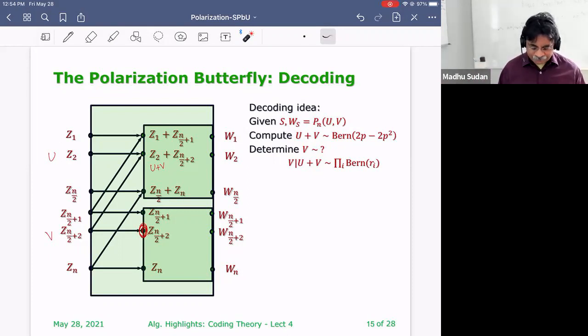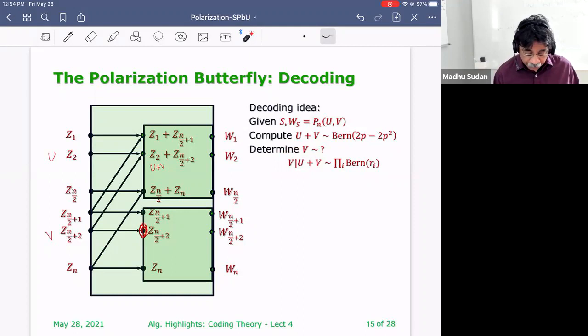In fact, it's very simple because these are identical independent bits. If the parity is 1, then with 50% probability, u is 0, v is 1, and with 50% probability, v is 0 and u is 1. So it's 50-50. If, on the other hand, the parity is 0, then we know more. So we do know how to calculate this probability.